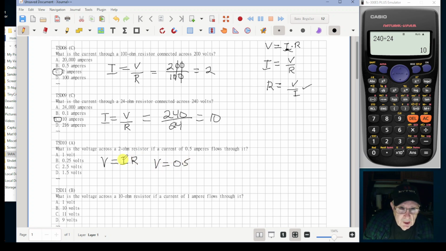In multiplication, the order really doesn't matter, but I want to keep it in the same order as my formula. That way I don't get confused as to what the letters stand for, because that can be confusing. Okay, so we have a current of 0.5 amps, that's half an amp, times our 2 ohm resistor. So that's going to come out as a volt, but let's do it on the calculator just to make sure I didn't screw up the arithmetic.